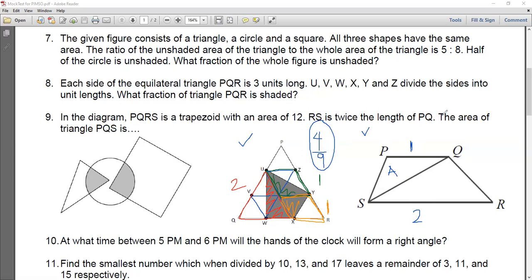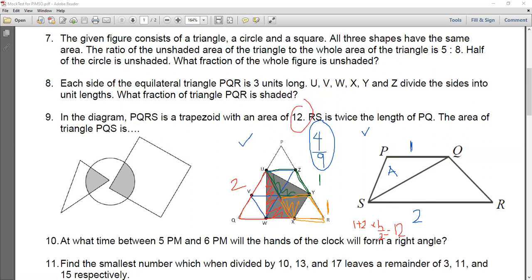So in that case, we add the 2 bases. So area now of the trapezoid, we need to identify the height. So in that case, that would be 1 plus 2 times height divided by 2. And that is equivalent to 12 because the area of the trapezoid is 12.